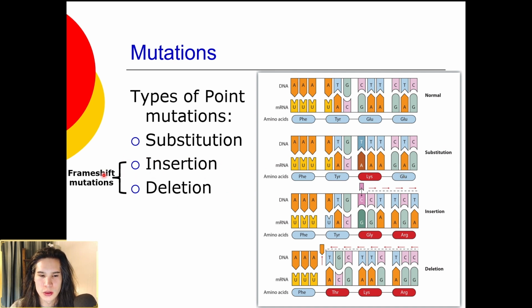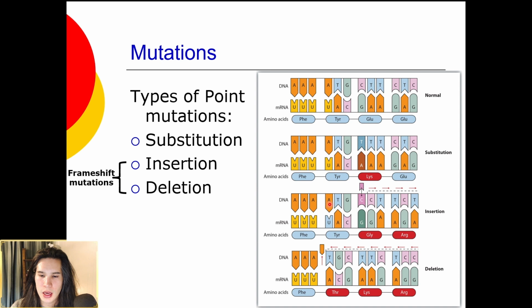Now, these other two, this is where you're making complete overhauls, and you'll see what I mean. So insertion and deletion, as the name implies, in the case of insertion, what you're doing is you're inserting a nucleotide. You're not replacing anything. You're inserting a whole new nucleotide. So originally your DNA was AAA, ATG, CTT, CTC.